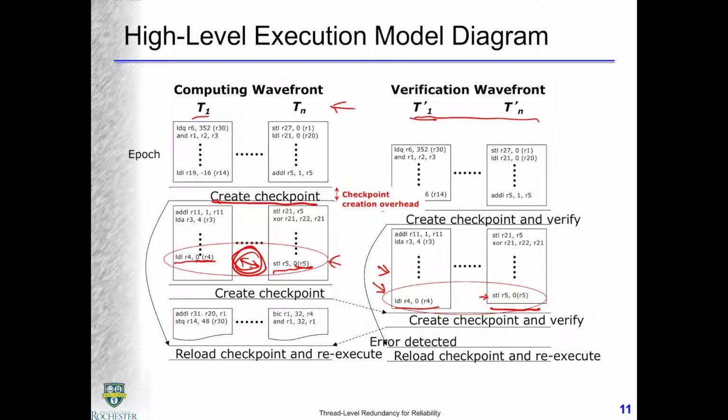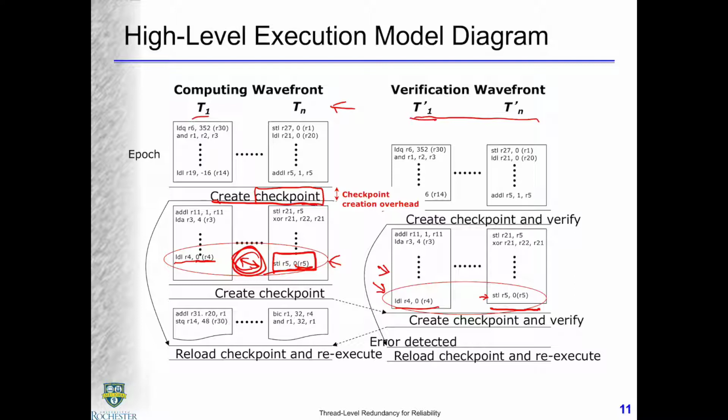If we have a store over here, we cannot allow that to permanently modify the architectural state, okay? Because our checkpoint is not that big. If we have a checkpoint that copies the entire architectural state, including all your memory state, and we can reload it, fine. You can allow the memory to change the state because you can always restore it. But no, we don't copy all the memory content as the checkpoint.